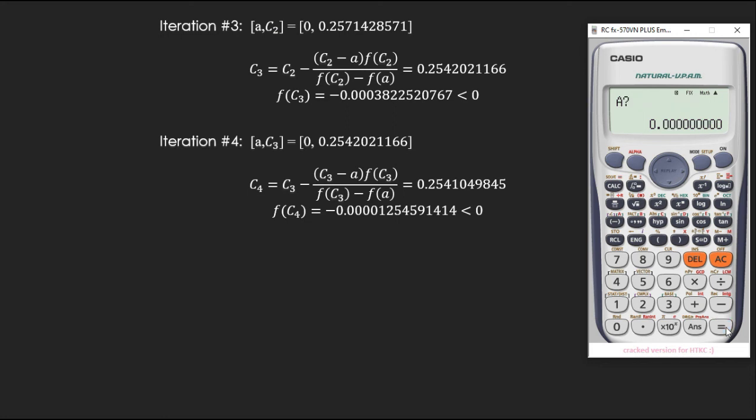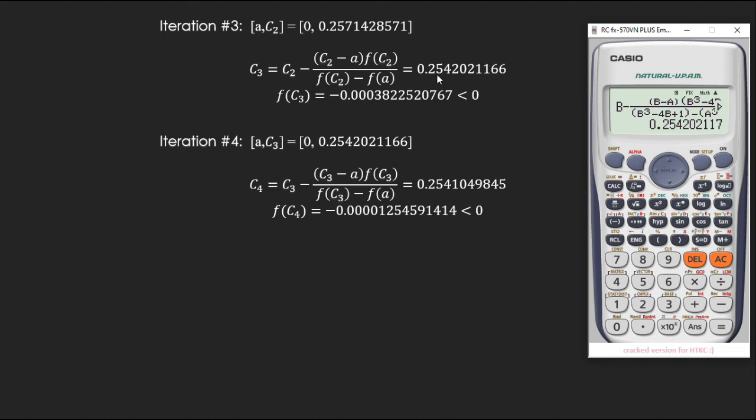After pressing the equal button, the calculator will ask you about the value of a. After pressing equal, we get our third iteration approximation, which is 0.254202; the 1 and 6 are rounded here, so we get 117.